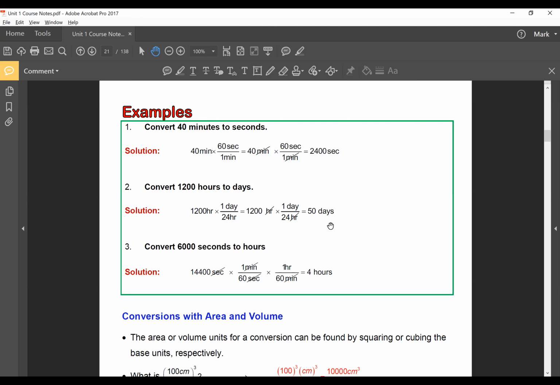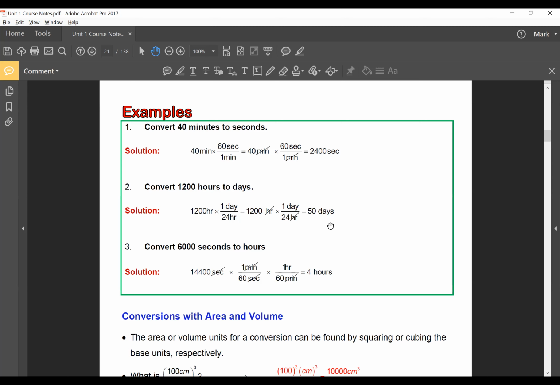Well, hopefully you would think about how many seconds were in a minute. And the answer is obviously 60. So if 1 minute is 60 seconds, 40 minutes would be 40 times 60, right? Again, 1 is 60, so 40, we would multiply that by 60.